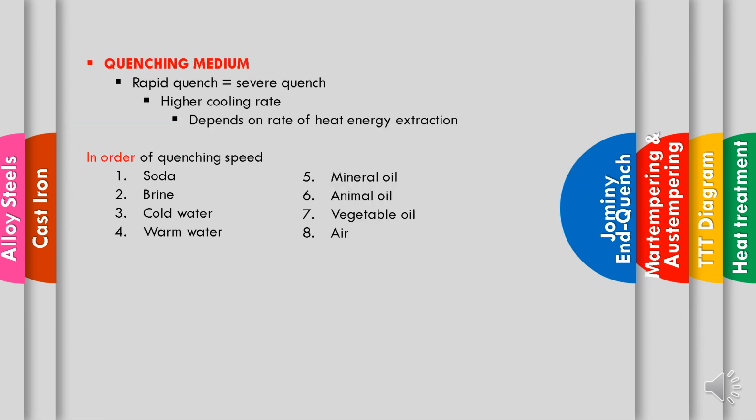And what happens when we change the quenching medium? The quenching medium can be many things such as soda, brine, cool water, warm water, or mineral oil. Rapid quenching is equivalent to severe quenching, so a higher cooling rate depends on the heat energy extraction due to the different medium.